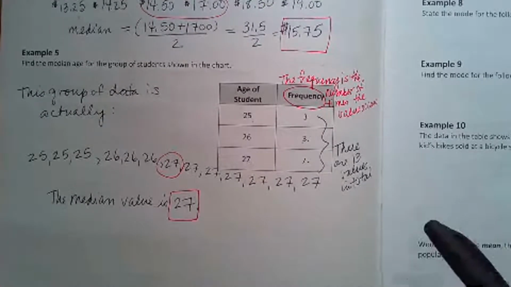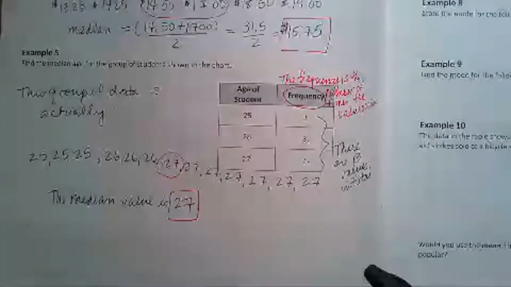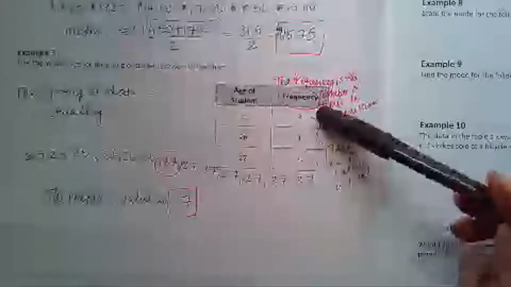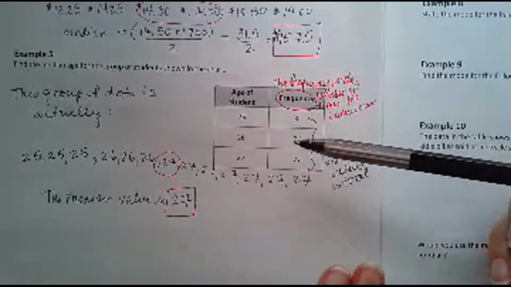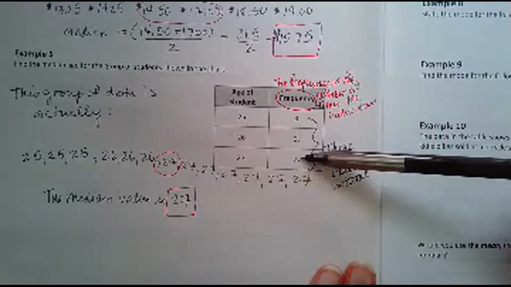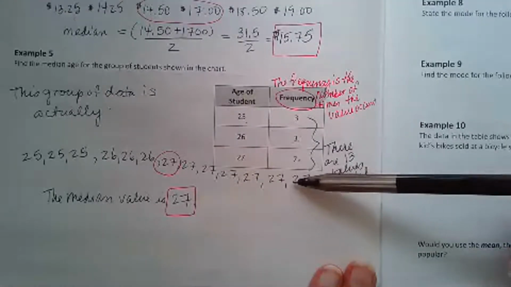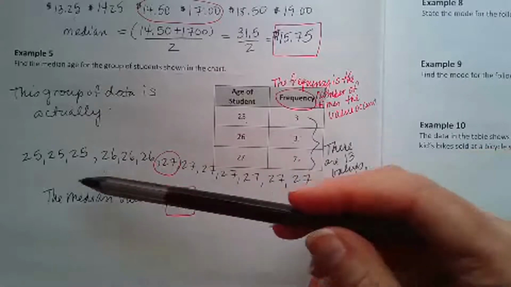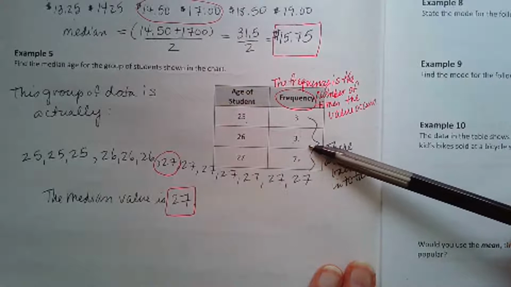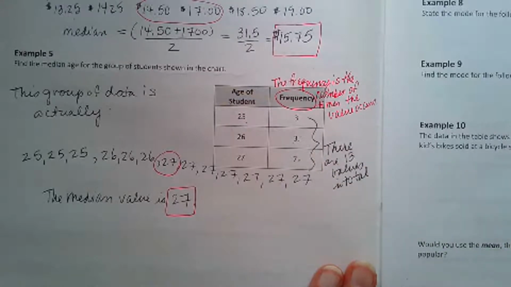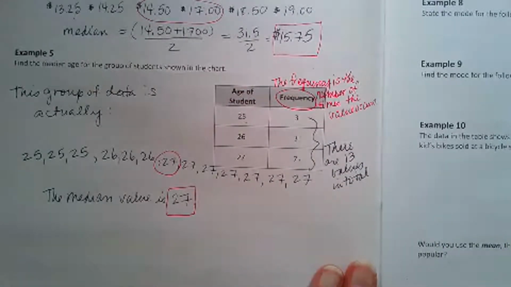You can see that the way I did it was okay this time, but this is called a frequency chart, and it's used when you have large numbers of data. For example, them just writing that there's 7 27s is a way quicker way to write this whole list out. So you can see how a frequency list would come in handy when you have groups of data, like with thousands or even millions of group of data.